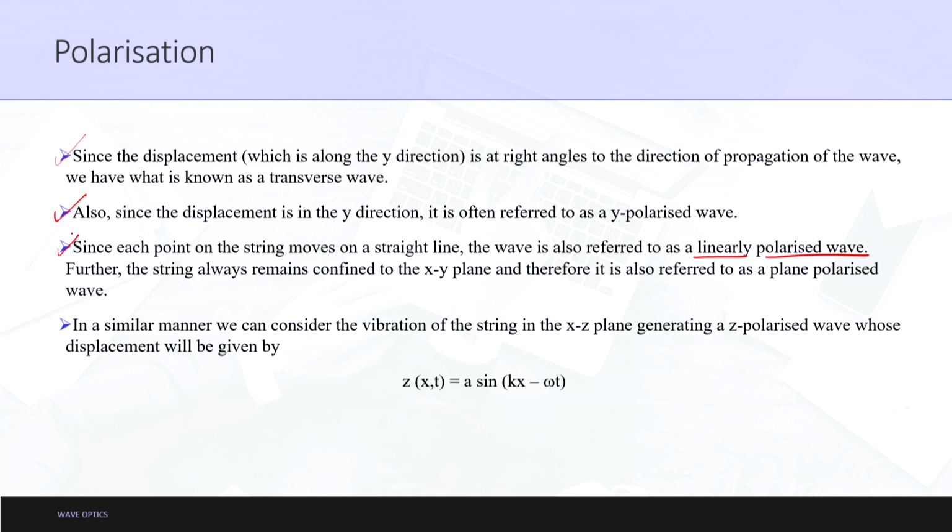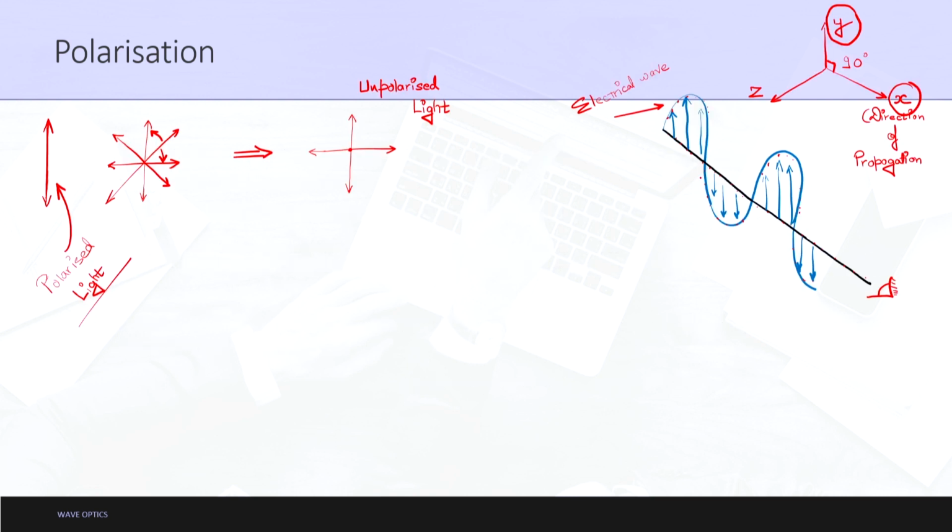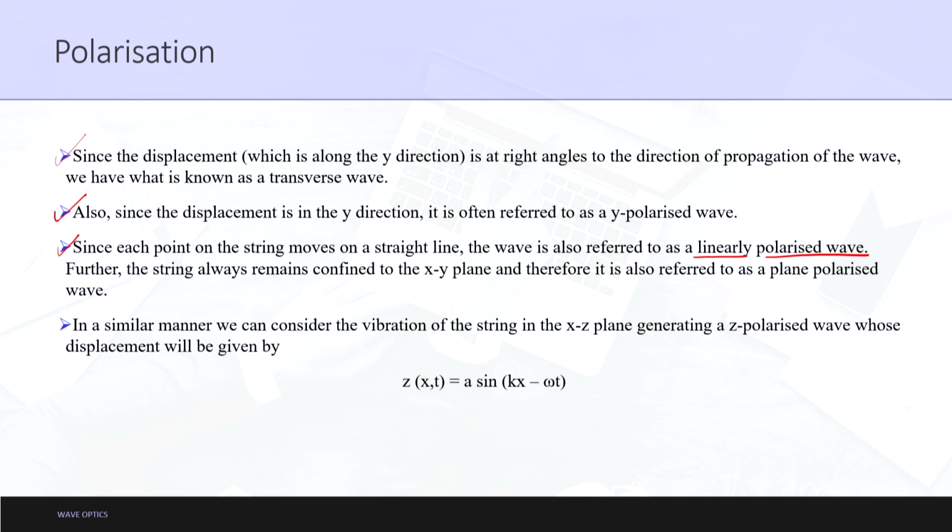So we got four different names for a transverse wave, or for any wave moving in one direction with the movement in the perpendicular direction. Let me revise everything again. Because the direction of propagation was at 90 degrees to the displacement, it was called a transverse wave. Because the displacement is only in the y direction, it is also called a Y polarized wave.